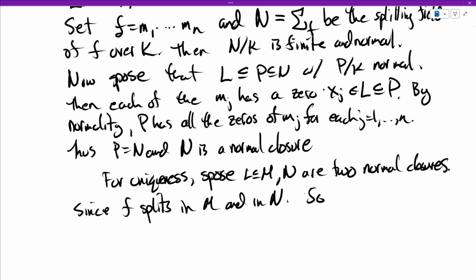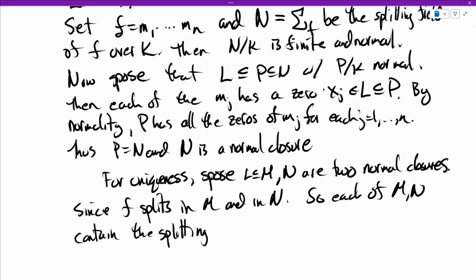So F splits here, so it has all the roots of F. So each of M and N contain the splitting field, which was what we called N in the previous part.